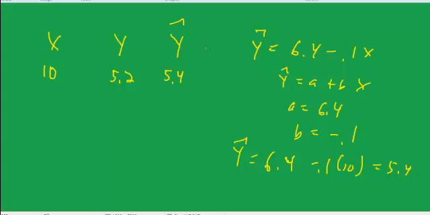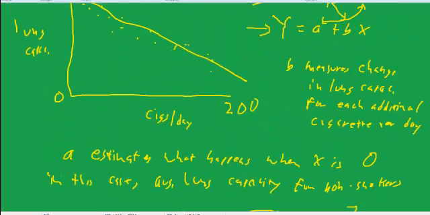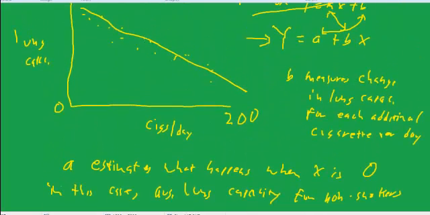And then I'm going to have something that I call the residual, e, and I'll define it as e equals y minus y hat, or 5.2 minus 5.4, which is negative 0.2. What that would mean graphically is that the point lies below the line.